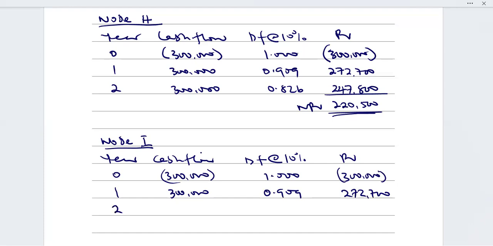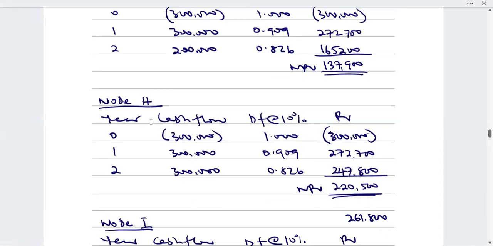Year 2 cash flow is 350,000 multiplied by 0.826, which is 289,100. 289,100 plus 272,700 minus 300,000 equals 261,800. Okay, so that's for node I.